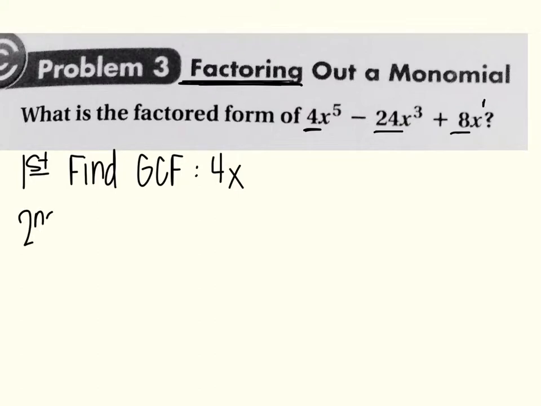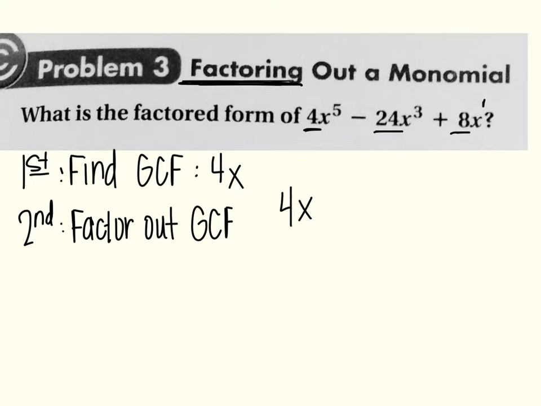And then on to your second step, you're going to factor out the GCF. And by factor, I mean you're going to divide it out. So I'm going to write the GCF out front, and I'm going to divide it out of each term here. So what's 4 divided by 4? 1. X to the 5th divided by x.